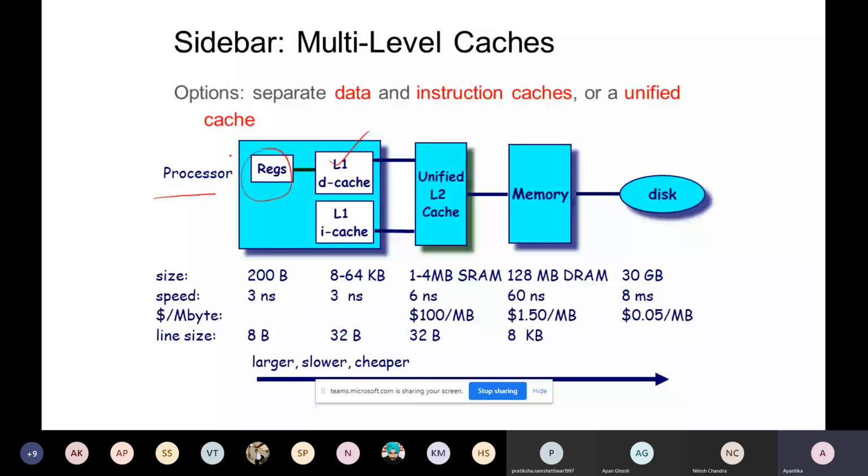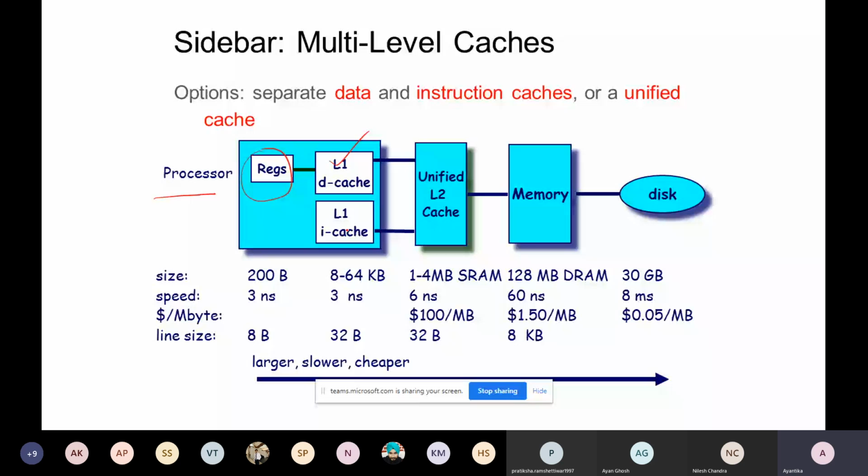From there, the register is coupled with the cache, and this cache may be a data cache and an instruction cache, separate. In some designs there may be some overlap. Based on your architecture, you keep them separate or together.